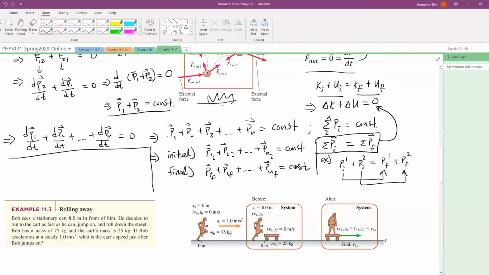So you can either write it in this way, or you can also write the summation of all the change of momentum is equal to 0. Meaning that if you have two particles, the change of momentum of particle 1 plus change of momentum of particle 2 will be equal to 0. These are equivalent relationships, talking about the conservation of momentum.